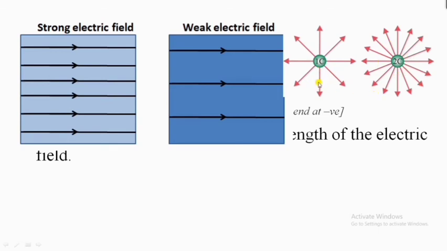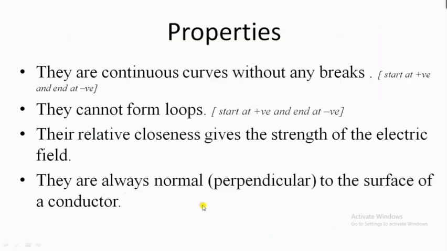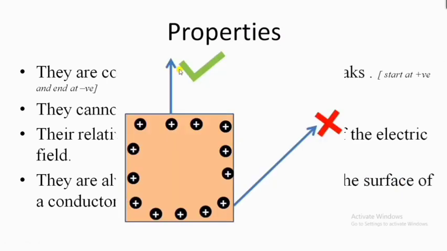So by looking at the number of lines, we can tell whether the electric field is strong or weak. Next property, they are always normal, meaning perpendicular to the surface of the conductor. So if this is a conductor, the electric field lines will look like this, not like this.